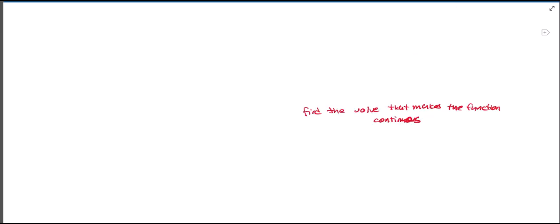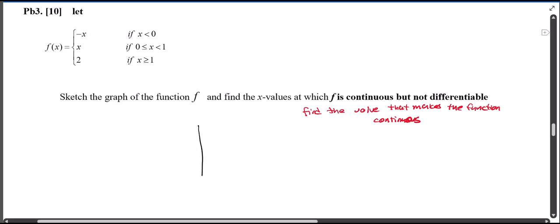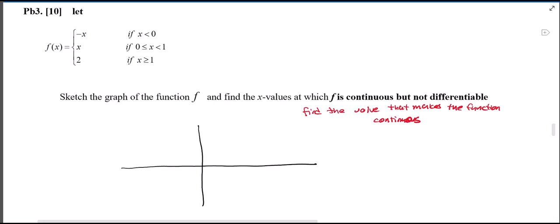So that's a lot of information there. So now let's go back to this one. Sketch the graph of the function f and find the x values at which f is continuous but not differentiable. So now this is going to be a piece of cake. So we have, for x less than 0, it equals negative x.